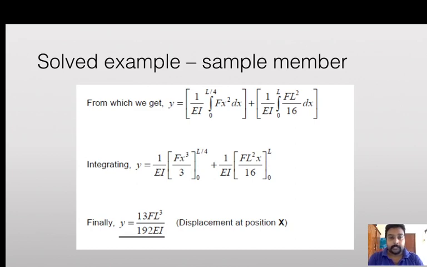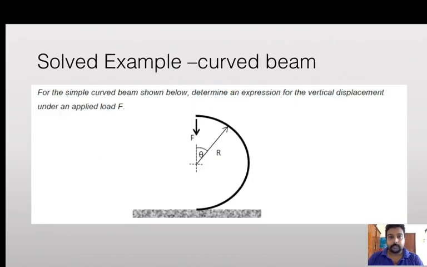Integrating, we get y equals 1 over EI times Fx cubed divided by 3 from 0 to L divided by 4, plus FL squared x divided by 16 from 0 to L. You get the final displacement y equals 13FL cubed divided by 192EI. As an example, determine an expression for the vertical displacement under an applied load F.